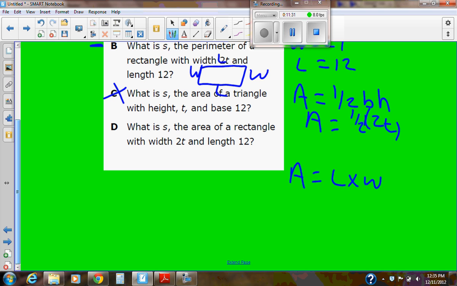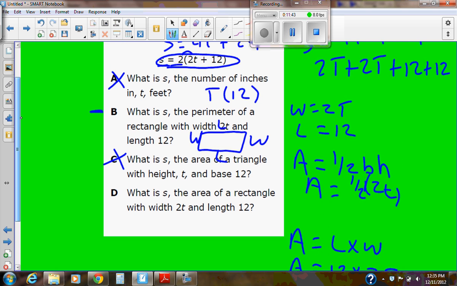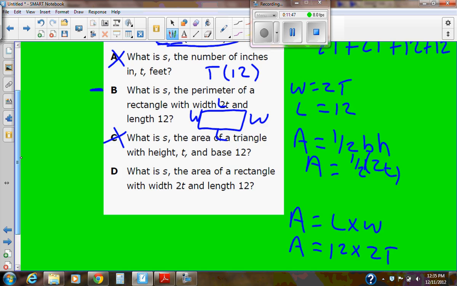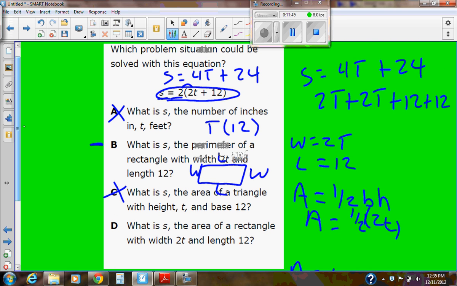If my length is 12 and my width is 2t, if I look back at my original equation, I don't have anything that has 12 times 2t. I have 12 plus 2t. So therefore, D is the incorrect answer. So like we found out earlier, B is the correct answer.